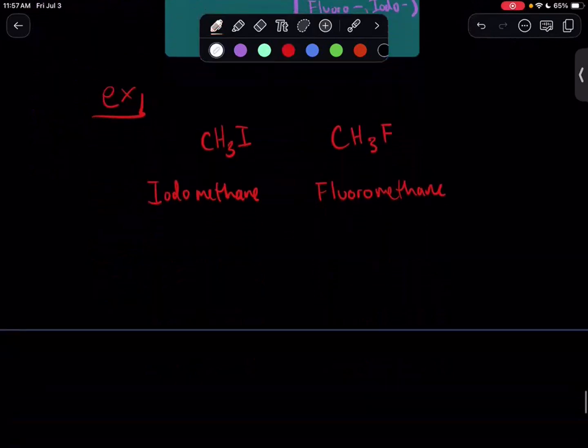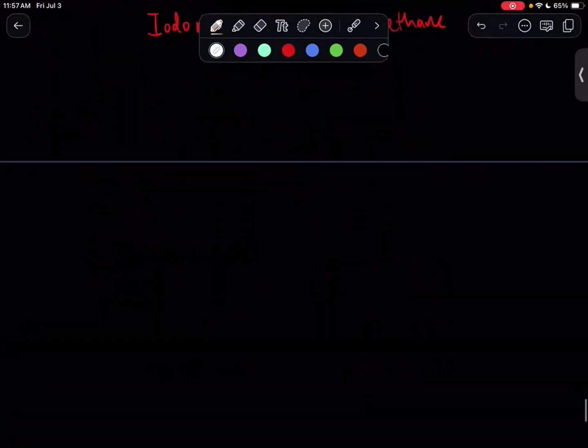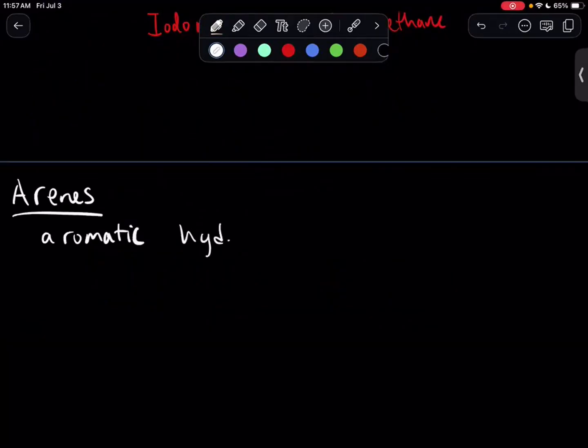Now, the last one, and I'm going to move all the way over to a new page, is called arenes. Arenes are what we refer to as aromatic hydrocarbons, meaning you can smell them. This is part of the phenyl functional group.